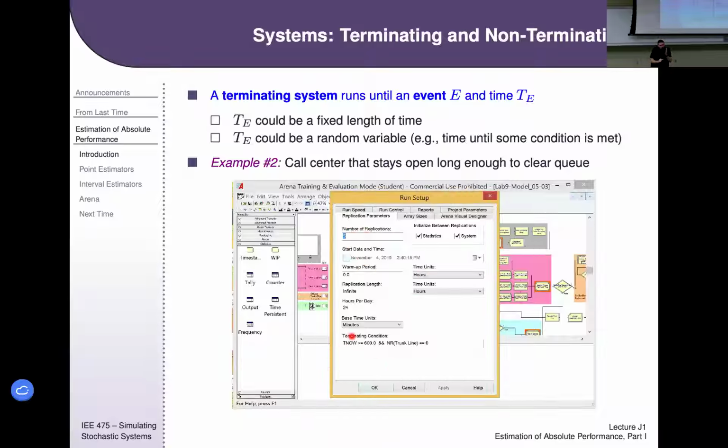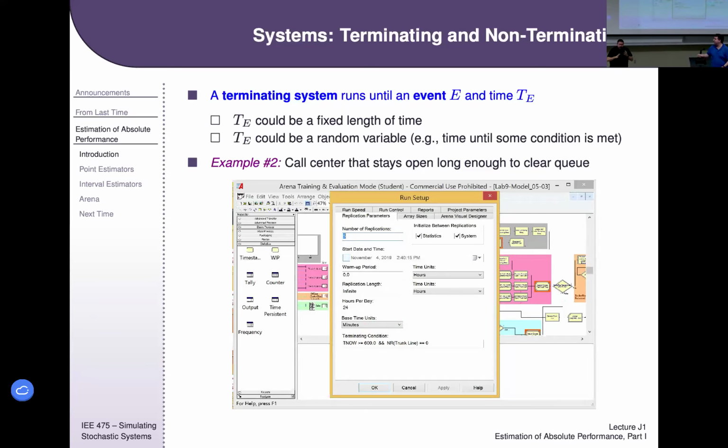And there's a terminating condition. Either we end at a particular replication length, which is up here. This one's set for infinite because in this particular call center setup, they have a situation like I was talking about at the bank, where we only terminate when we've reached a particular time of day and when there's no one left in the queue waiting for service.